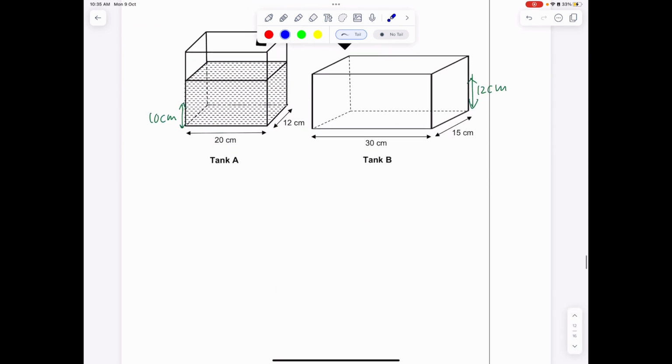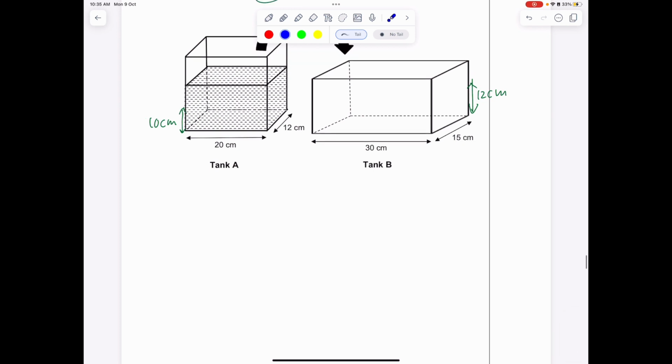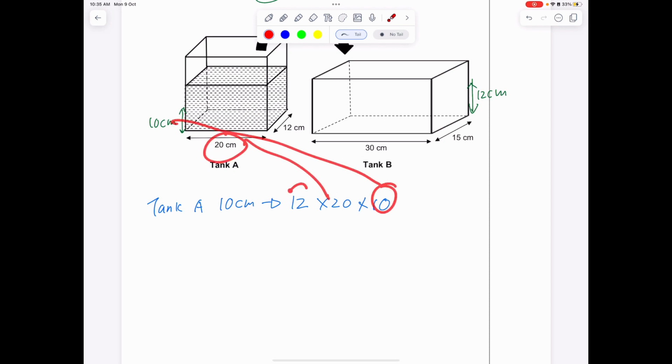So let's start off by finding out the remaining volume. What we can do is tank A. When there is 10 cm left, what is the volume? The volume of that will be 12 times 20 times 10. Where did I get this value? 20, 10, and 12.